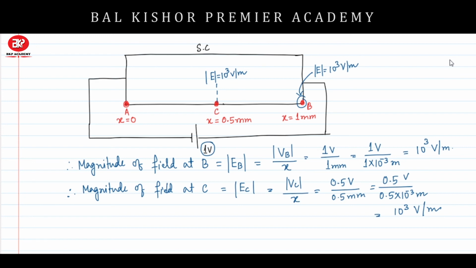The value of the electric field throughout the semiconductor will be constant due to this 1 volt potential. Now if I want to draw a plot of electric field with the position of the points, I can draw the graph like this.